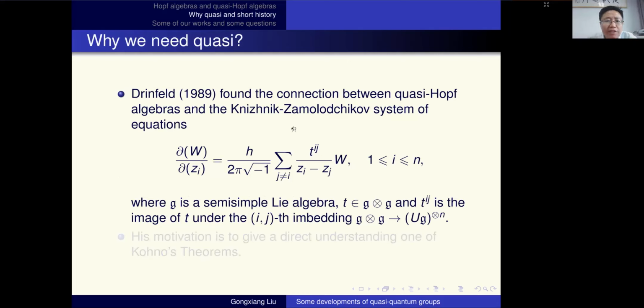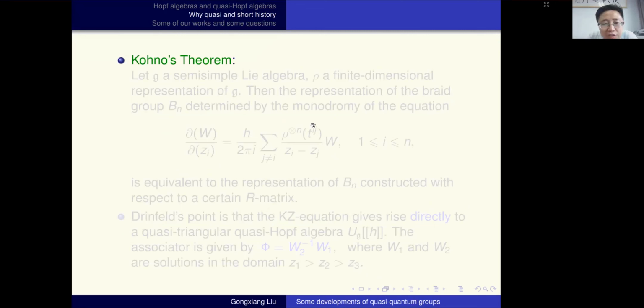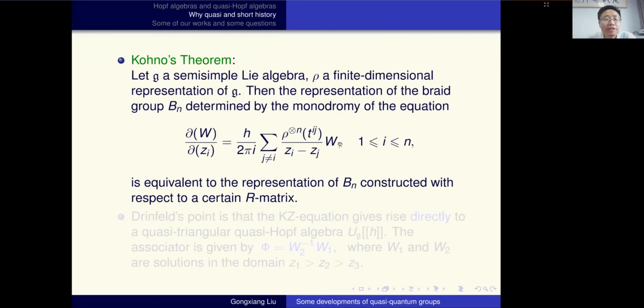Why did he consider the relation between this system and quasi-Hopf algebras? The motivation of Drinfeld was to give a direct understanding of the Kohno theorem, one of Kohno's theorems. So what's the Kohno theorem? It says that if you consider this linear equation, you can construct a flat connection over a trivial bundle over the underlying space.